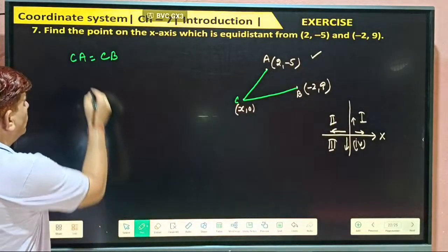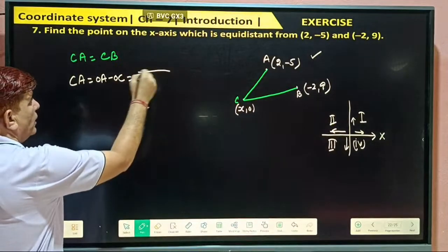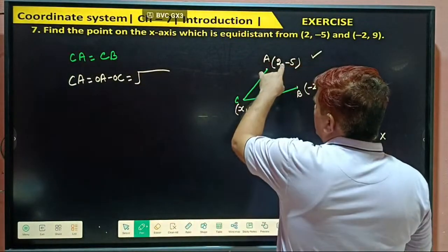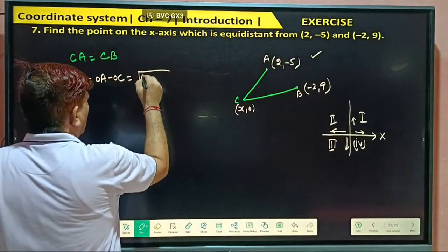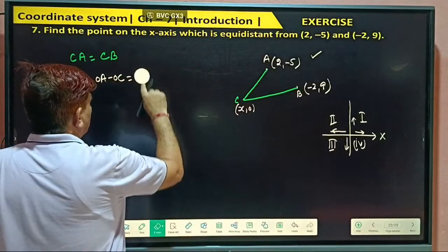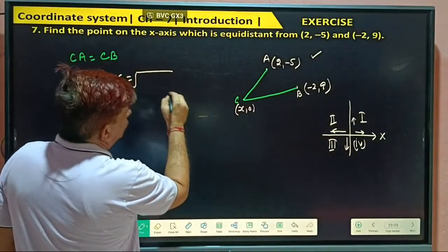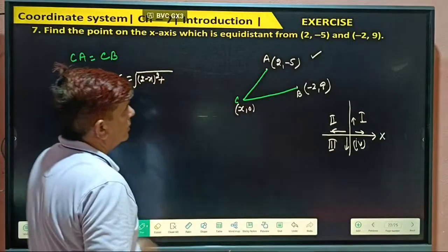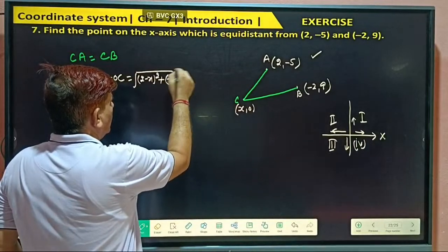So first we can find CA, which is the distance between A and C. A is (2, -5), C is (x, 0). So CA is the square root of (2 minus x) whole square plus (-5 minus 0) whole square.